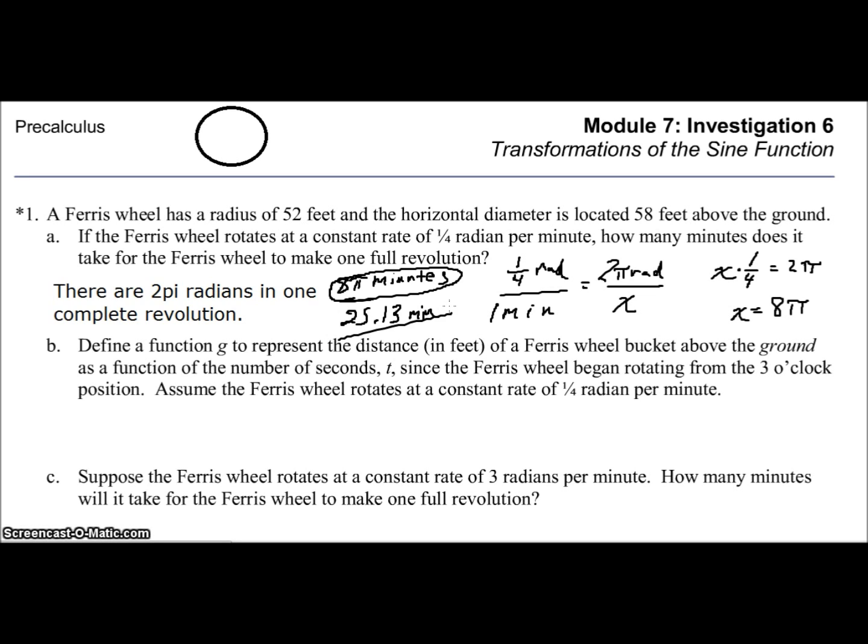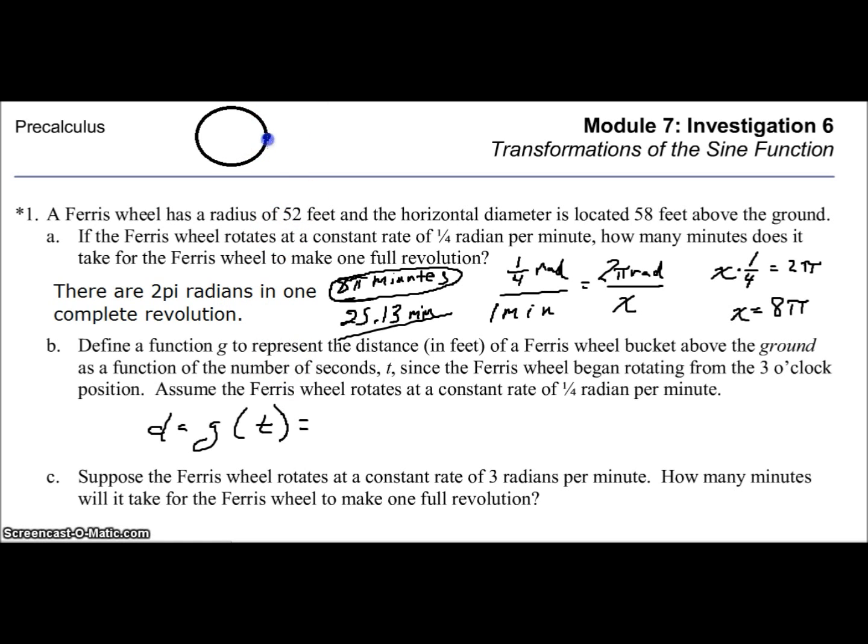Define a function g to represent the distance in feet of a Ferris wheel bucket above the ground as a function of the number of seconds t since the Ferris wheel began rotating from the 3 o'clock position. Assume the Ferris wheel rotates at a constant rate of 1/4 radian per minute. Okay, so my function g will represent the distance since we started from the 3 o'clock position.